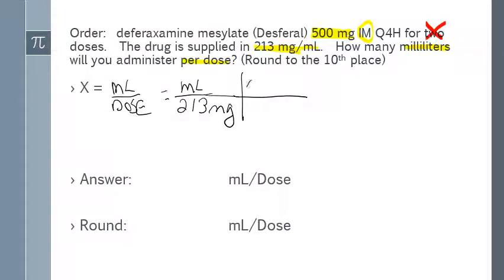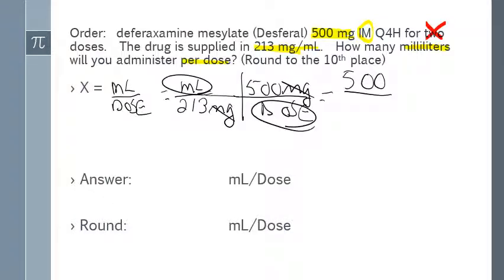My order is 500 milligrams per dose. What we end up with, let's do that. After you start doing a lot of dosage problems, you get in tune to the way you're doing it, but I just want to bring it back that we've got our setup correct. And let's do some math.